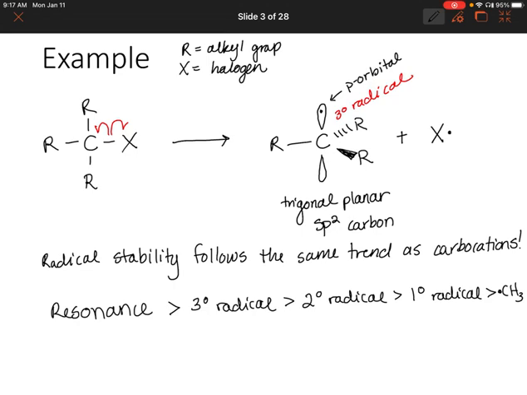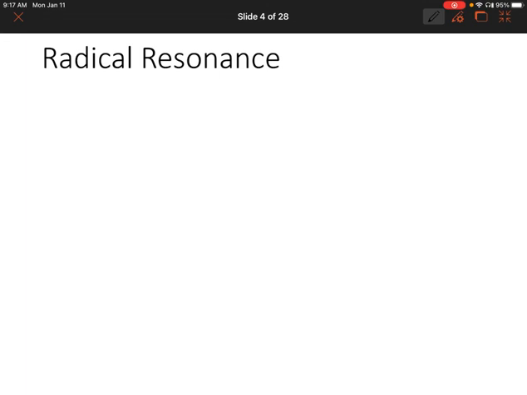Okay, so let's talk about radical resonance just so you can see what that looks like. It's actually really similar to carbocation resonance. So let's say we have an alkene, and I'm going to draw all of the different hydrogens on this alkene.